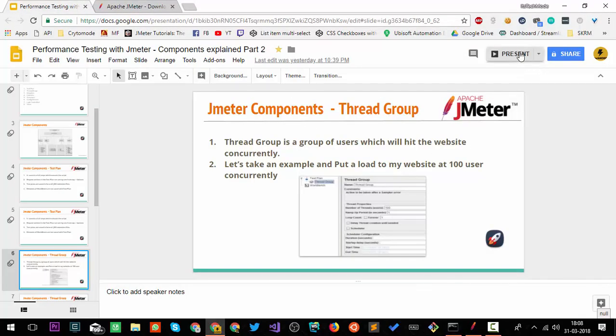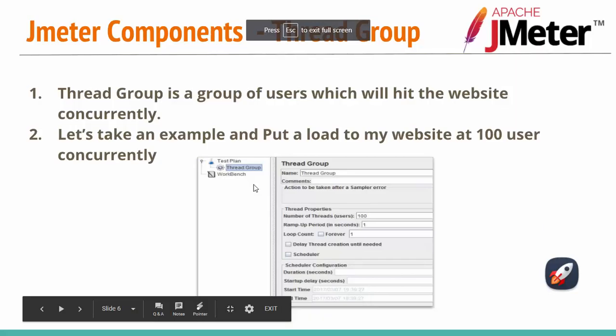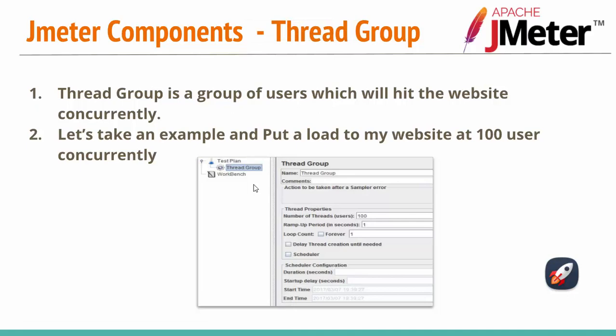All right, so the second thing that we wanted to cover is the thread group. A thread group is basically a group of users which will hit the website concurrently. This is the main block of JMeter performance testing, where the first thing that you have to add to the test plan is the thread group.